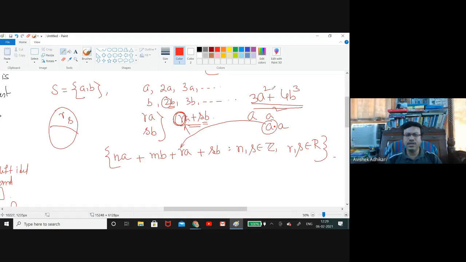First you can think, A is here, 3A is also here, and you can make 3A to be an element of R times A as well. So 3A squared is also here. Similarly, 4B cubed will also be here, and then their addition will also be here. So you can understand why these things are like this.